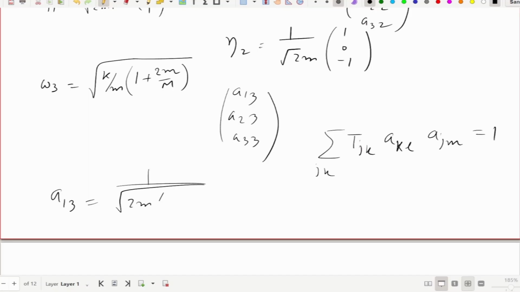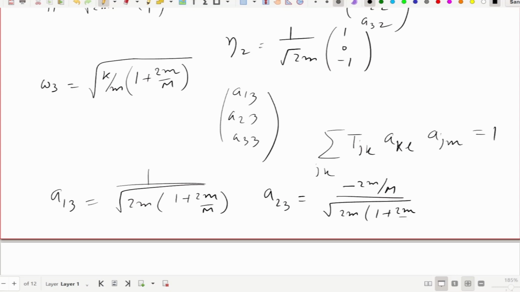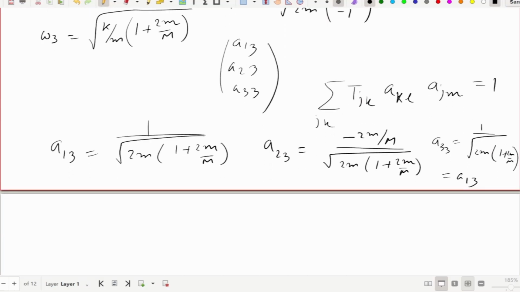So, A13 will be 1 over root 2m times 1 plus 2m by M, and A23 will be minus 2m by M over root of 2m times 1 plus 2m by M, and A33 will be 1 by root 2m times 1 plus 2m by M, okay, same as the first one, same as A13. Okay. So, these are the coefficients.